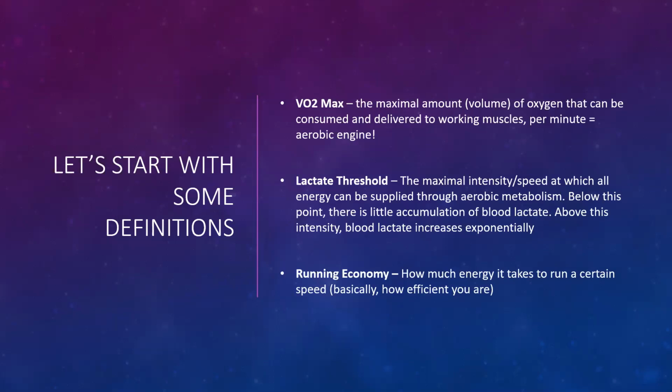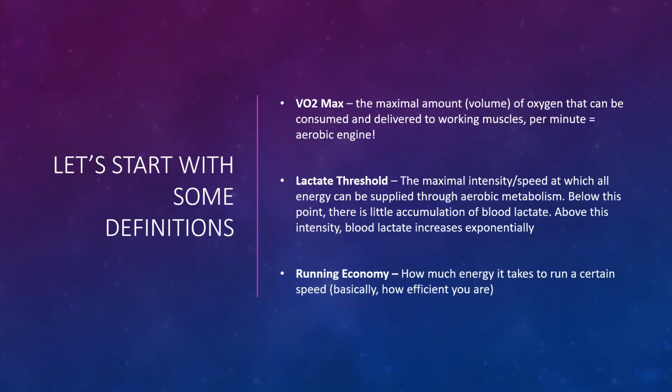Your lactate threshold is the maximum speed or intensity at which all of your energy can be supplied with aerobic metabolism. And I know I just said you use both, but below lactate threshold, whether that's a speed or a power output, you're not doing a lot of anaerobic metabolism. You're doing it, but it's essentially negligible.